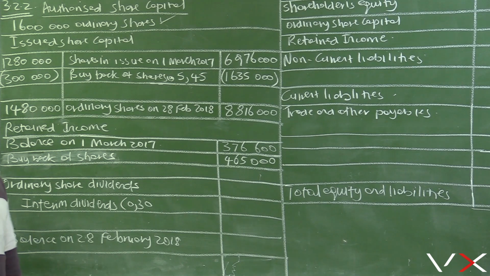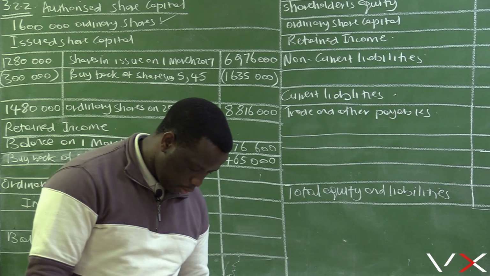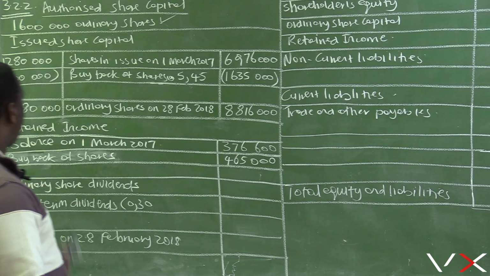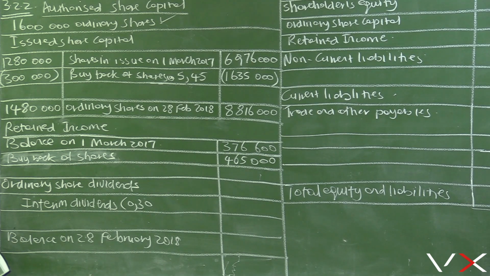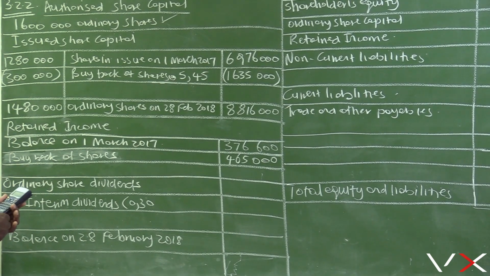So now the question is, what was the total number of shares in issue on the 31st of August 2017? If you look at our share capital note, you can see that at the beginning we had 1,280,000 shares that were sold to the public, and then we repurchased 300,000 shares.